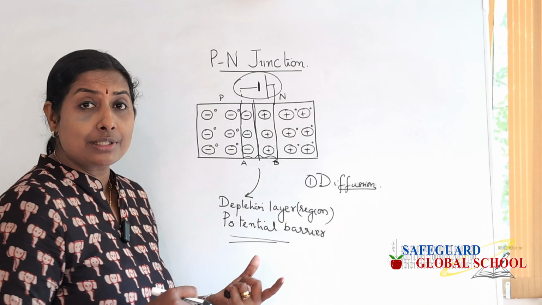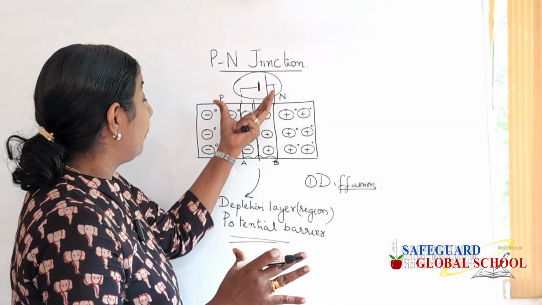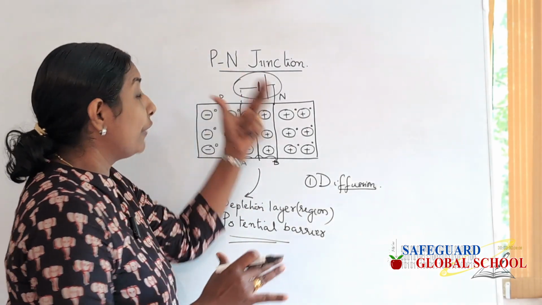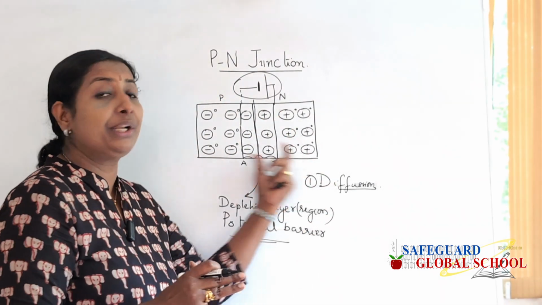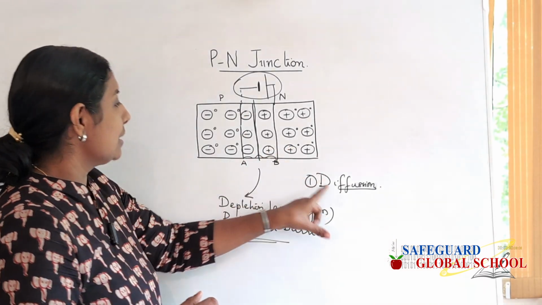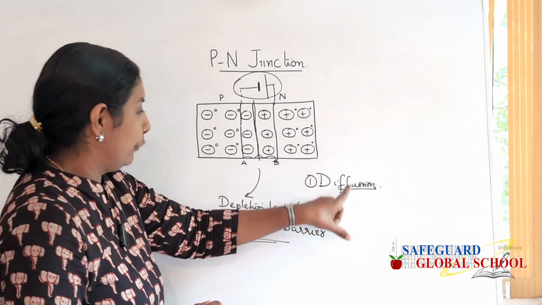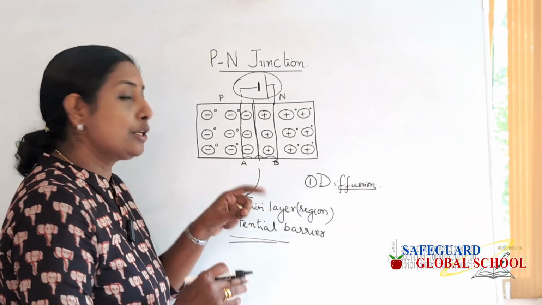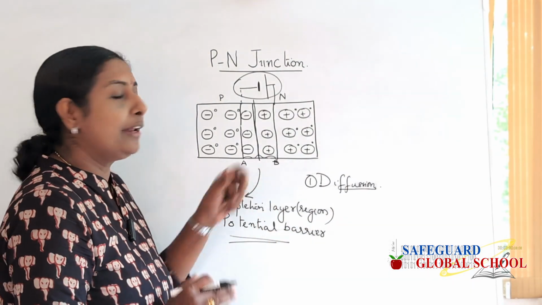As a result, it is equivalent to developing a potential barrier or an electric field which will not further permit the movement of majority carriers across this junction. So the main processes happening here are the diffusion, then the formation of a depletion layer, and the maintenance of a potential barrier in and around the junction.